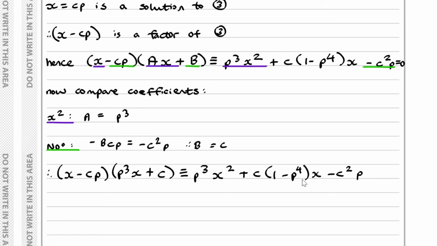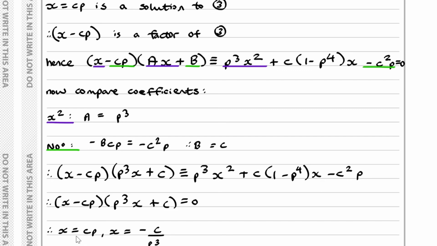Okay, and because we're looking at where this equation equals 0, we can therefore see that we have x minus cp lots of p cubed x plus c equals 0, solving x is equal to cp, or x is equal to minus c over p cubed.